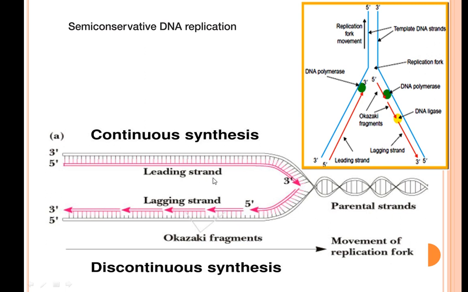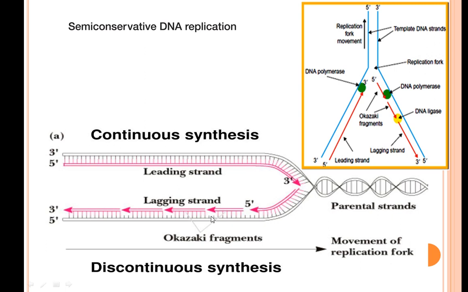And on the other template that runs from 5' to 3' direction, the addition of nucleotides is from the other end, from this side, that is from 5' to 3', and the replication is discontinuous, meaning it is in short stretches.